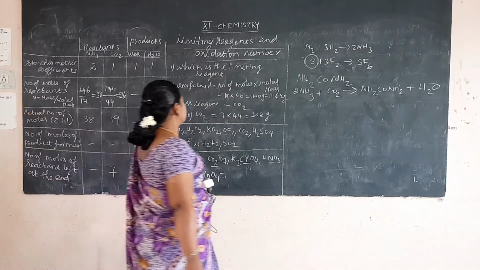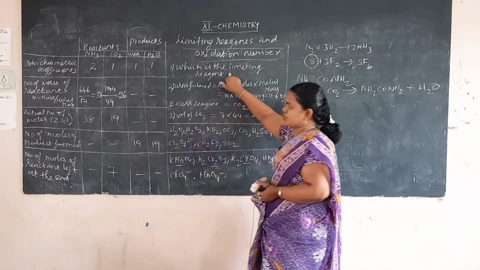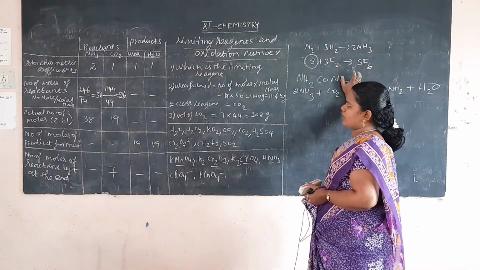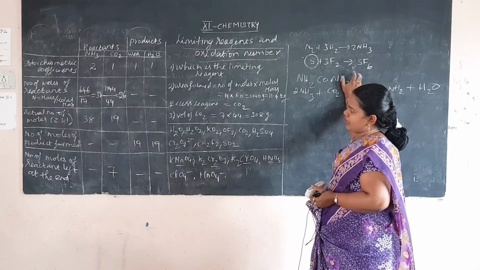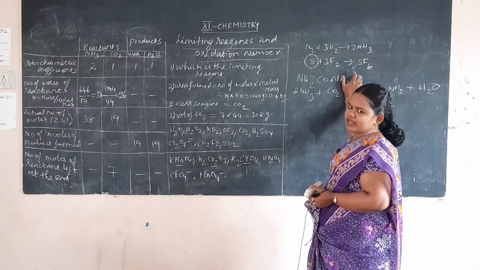Okay, now we will see which is the limiting reagent. In this equation, which is the limiting reagent, you have to find out. Ammonia is the limiting reagent.